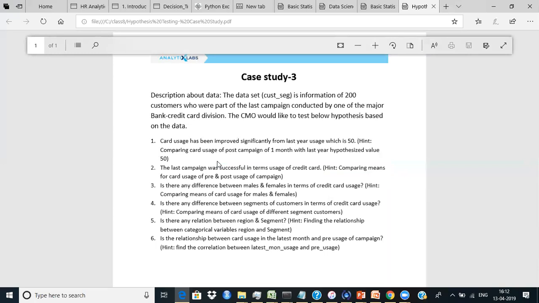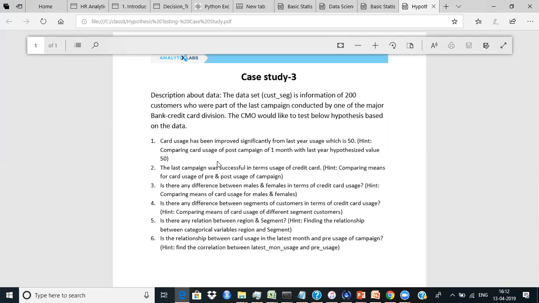In this case, we will do a paired sample t-test. Why paired? Because there is a before-after scenario. For each observation, you have a before value and an after value. Therefore, each observation gives you pairs of values. So we use a paired sample t-test. That's why the previous one was called one sample, because we were talking about only one sample.